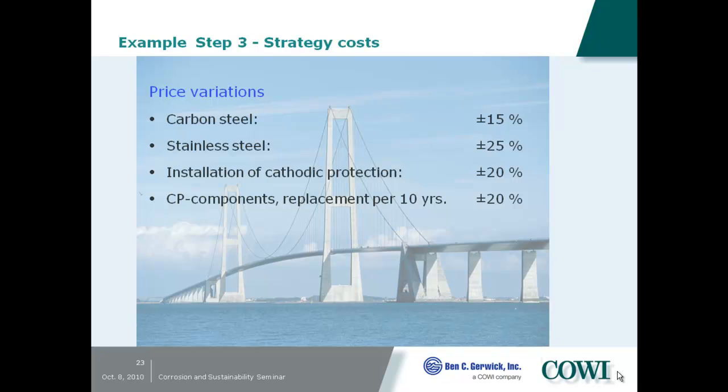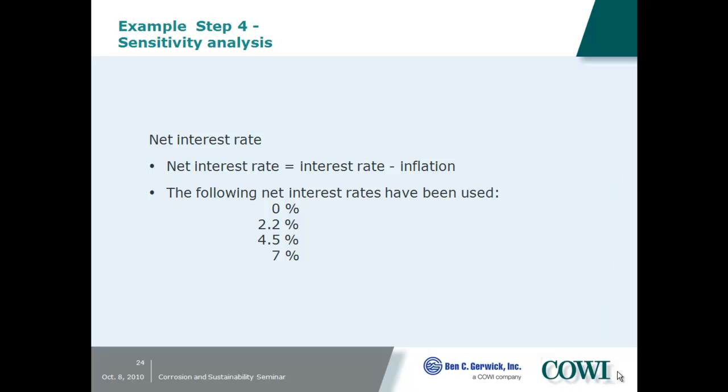Different variations. We had actual prices on all of these different issues. Also on installing cathodic protection, also replacements, repair works, etc. And then in relation to sensitivity analysis, we said 0%, of course that's going as low as possible, and up to 7%, I think we don't normally see higher interest rates specified.